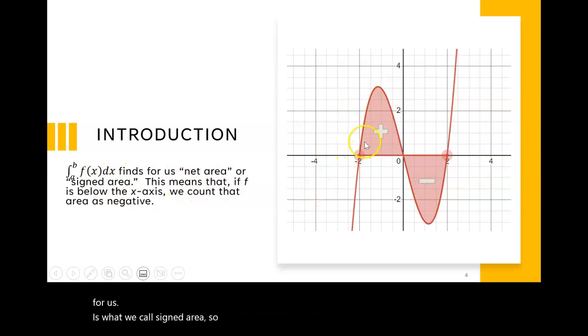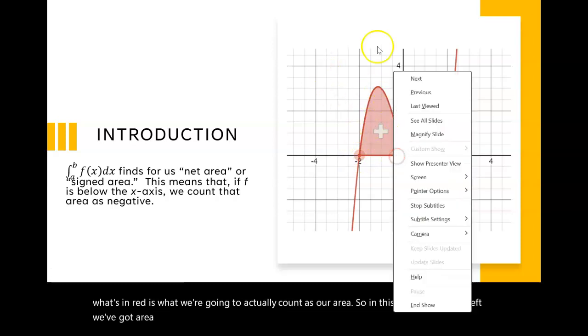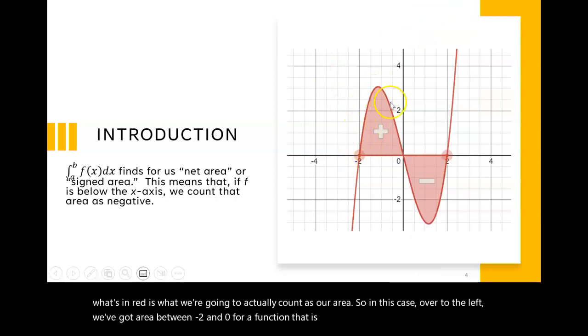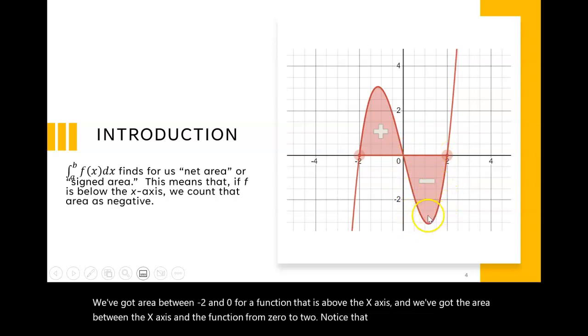So what I've done right here is I've drawn an example graph. And what's in red is what we're going to actually count as our area. So in this case, over to the left, we've got area between -2 and 0 for a function that is above the x-axis. And we've got the area between the x-axis and the function from 0 to 2. Notice that the function goes below the x-axis.